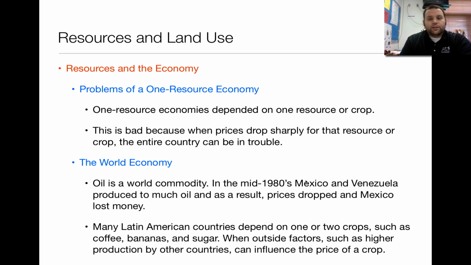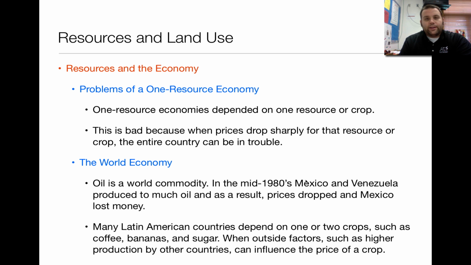A lot of Latin American nations started off as just a one-resource economy, which meant that their economy depended on a resource or crop. So maybe their economy depended on just copper, or just corn, or just sugarcane, or something along those lines.